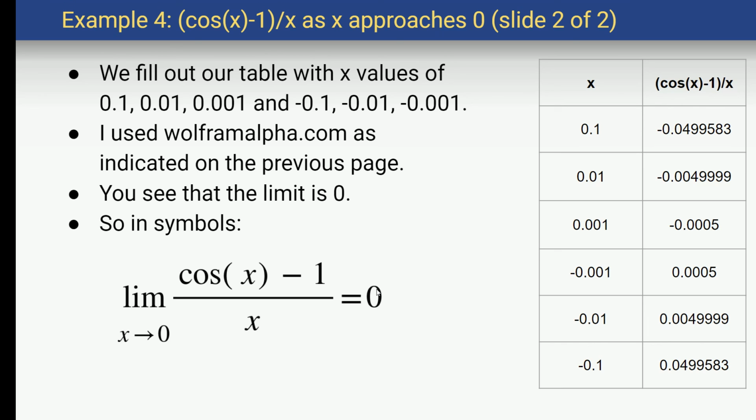With the method we employed here, what if the real limit was 0.0000007? That was the exact value.